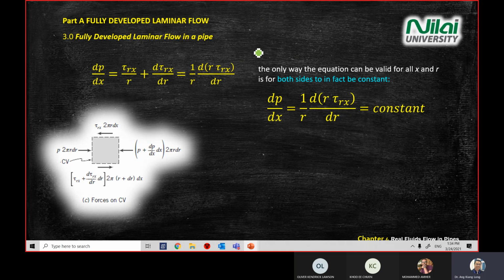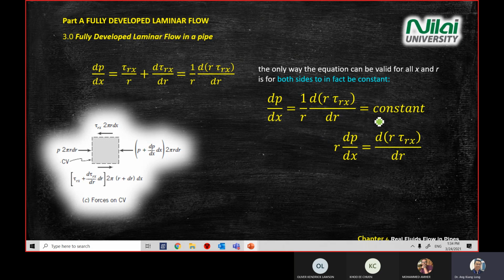There's one criterion: you can only solve this equation when this whole equation equals a constant. When you can only solve this equation when this whole thing equals a constant value.